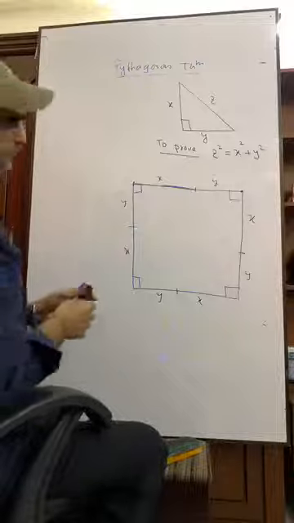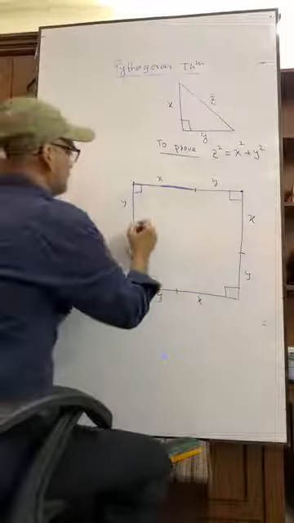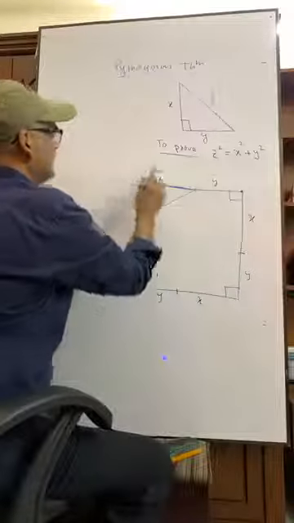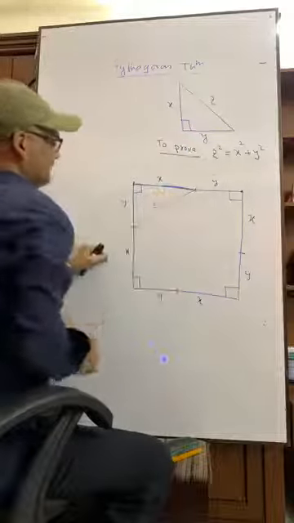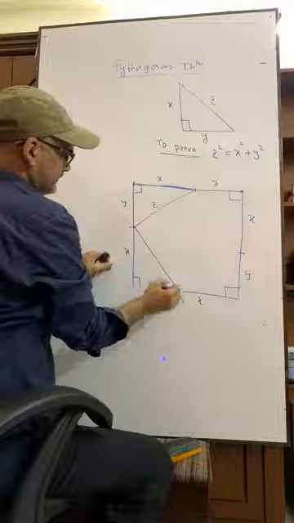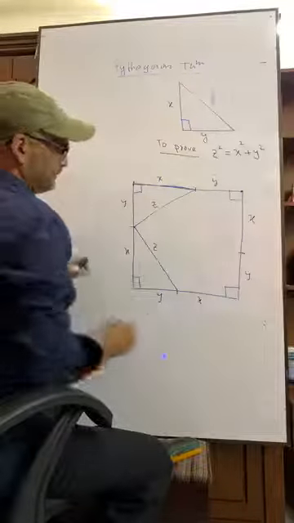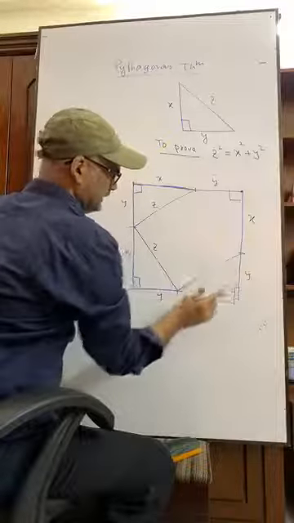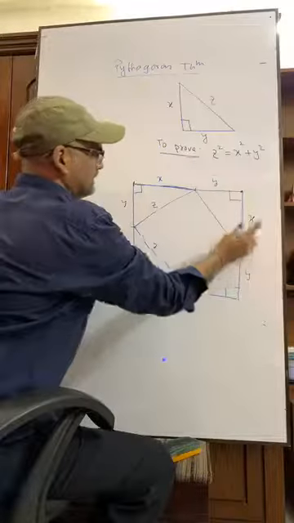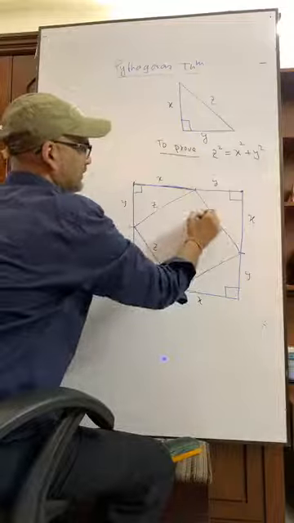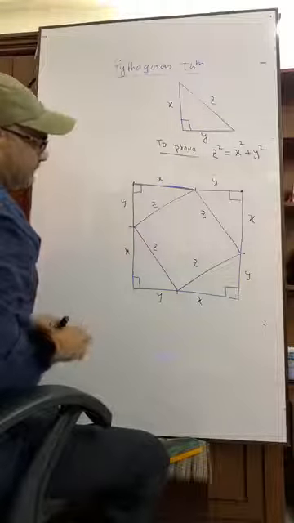Have you got it? So this is x, this is y, and it is z. Have you seen the figure?